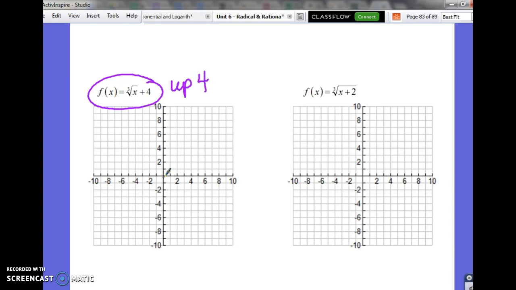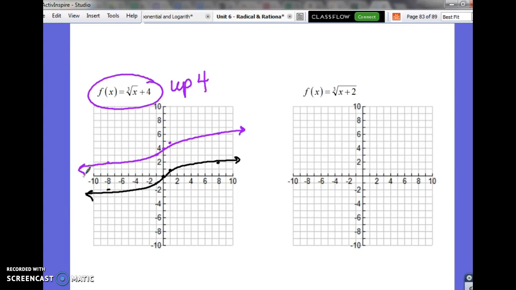So if you compare the original, which I'll sketch back on my graph kind of quickly, if the original function looks something like that, then the translation up 4 would be something kind of like this. Okay.